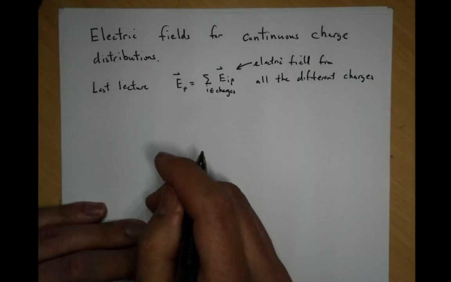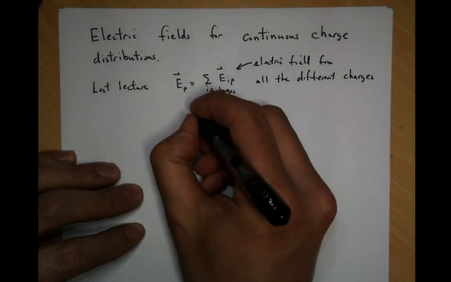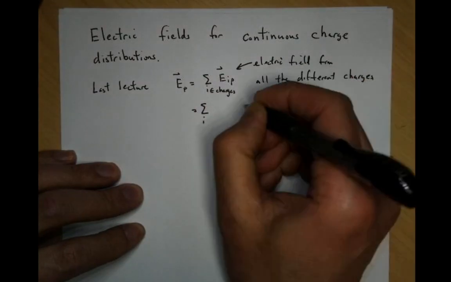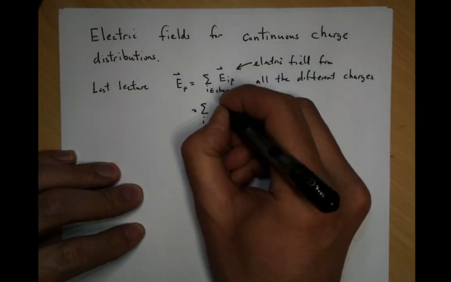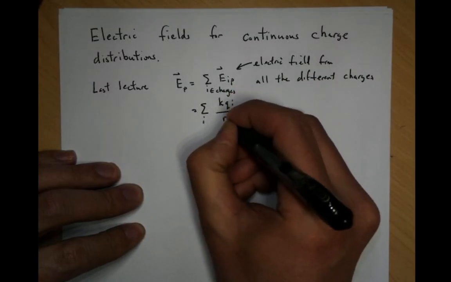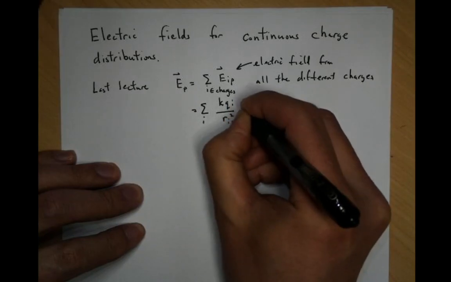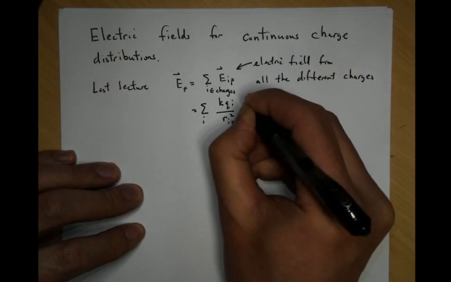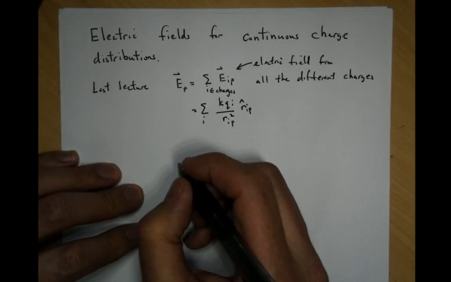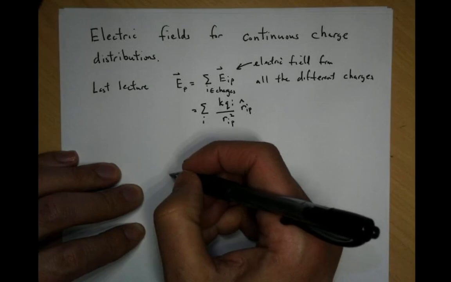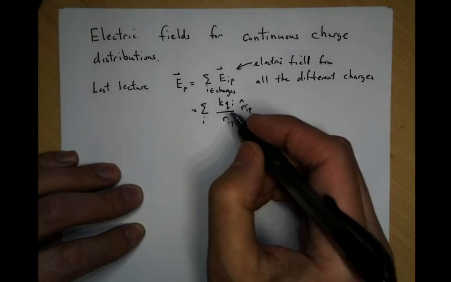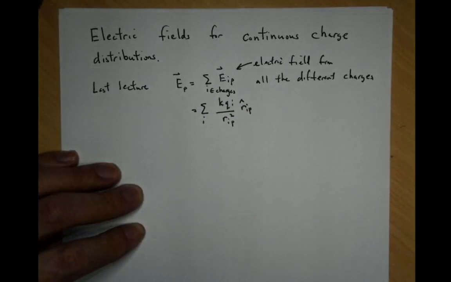So what is that? Well, this is really equal to the sum over i of K Q sub i over r_iP squared, r_iP hat. If you want to think about this, you can have some collection of charges, and you just sum up all the charges to get the electric field.